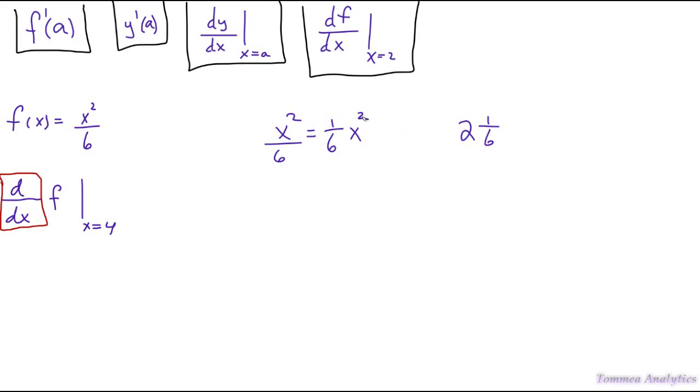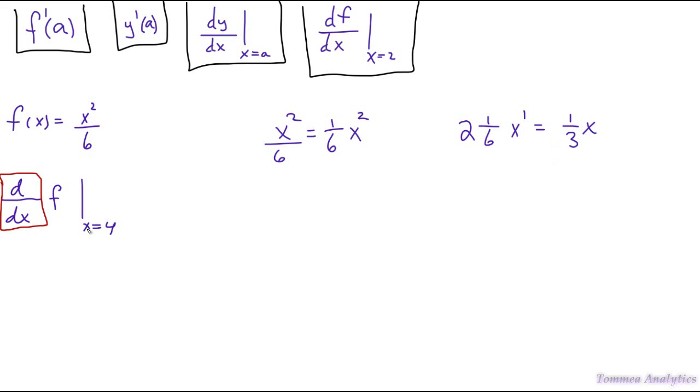And then we subtract 1 off the exponent. So it's going to be 2 times 1 over 6 and then x to the first. When we simplify this, we get 1/3 x. This 1/3 times x term, this is the derivative as a function.